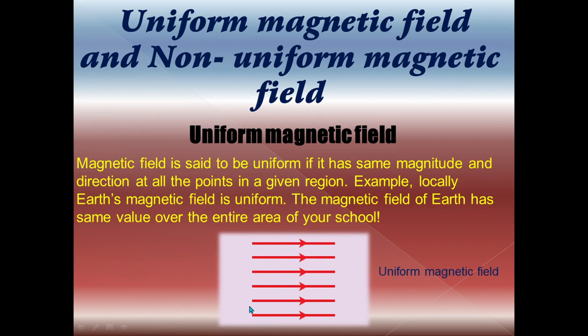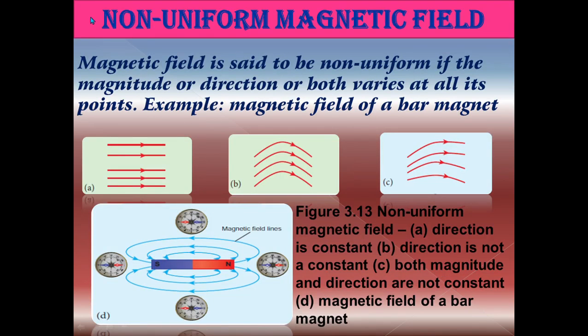These are uniform magnetic field lines, because they have the same magnitude and direction at all points in a given region. That is why we call it a uniform magnetic field. Next, the non-uniform magnetic field.